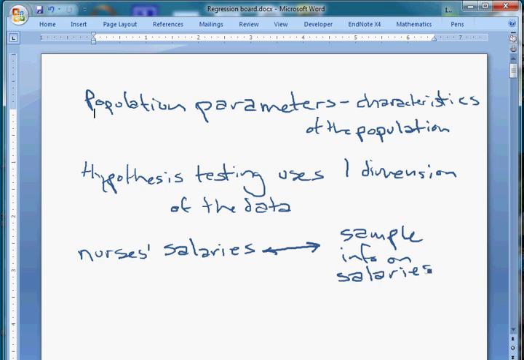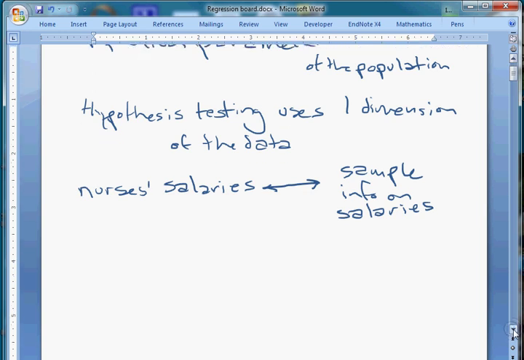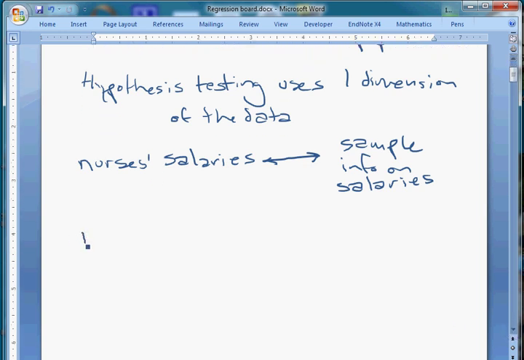That can be useful. Now, in practice, we often have a lot more data. So let's say we have nurses' salaries. Nurses are people, and we might know a lot more information about those people. We might know their education, their location, what city they live in. We might know their test scores, some measure of ability of some kind.